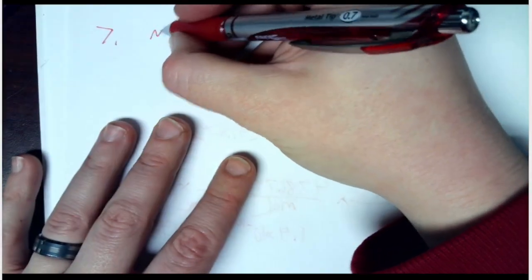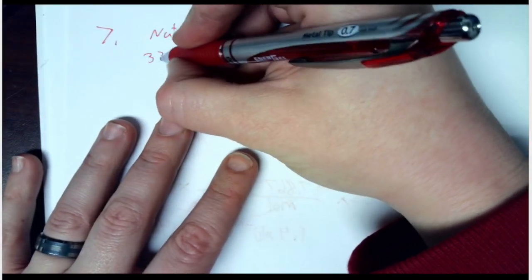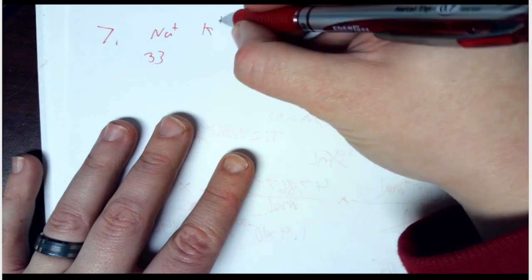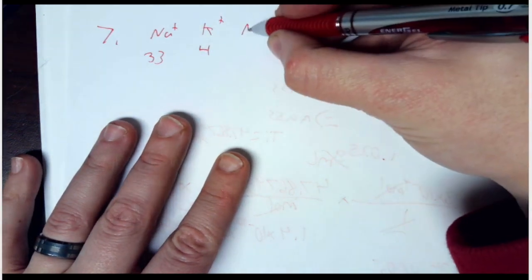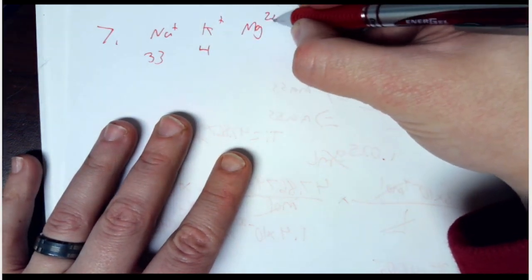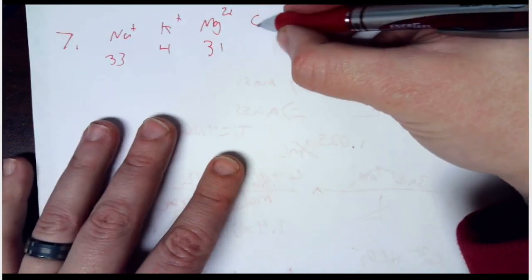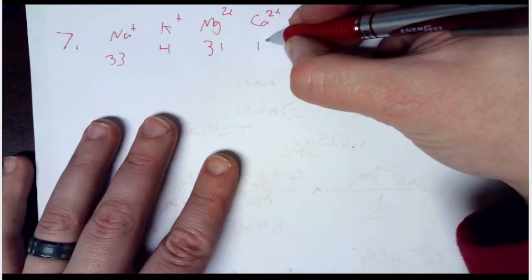Okay, number 7. It's one of those charged ones. If in the particular freshwater sample, the concentration of cations and anions in micromoles per liter is something like sodium, which is +1, 33. Potassium, which is 4. Magnesium, 31. Calcium, 160.